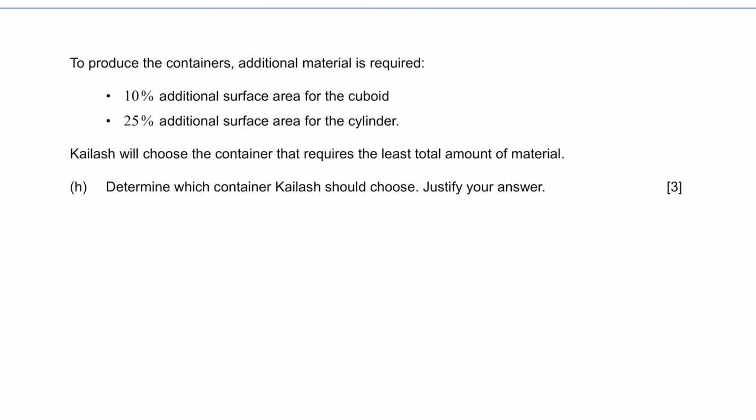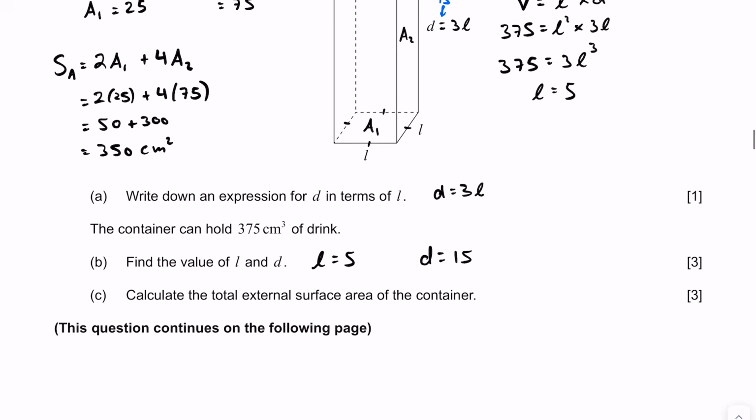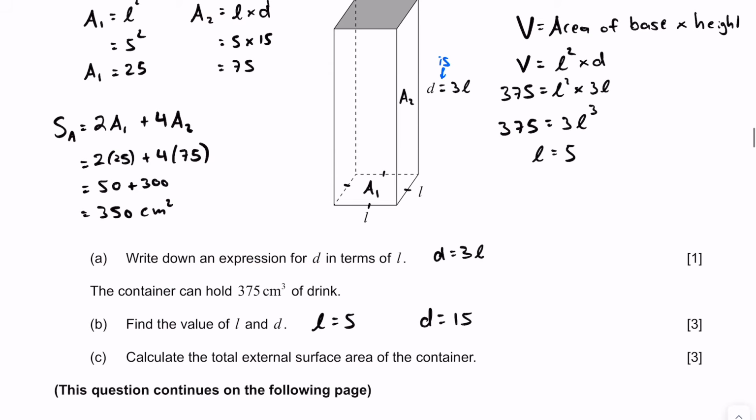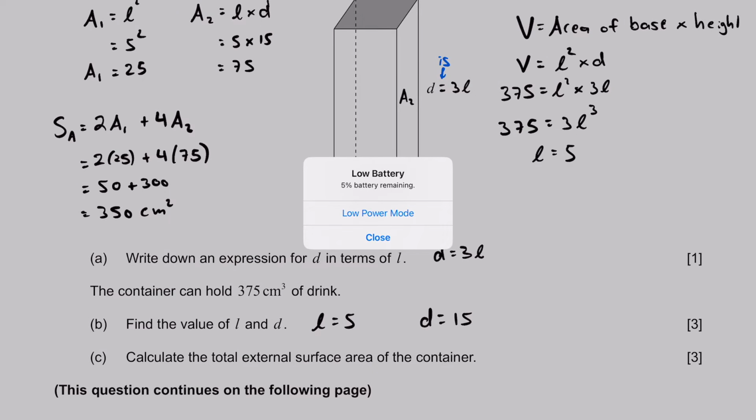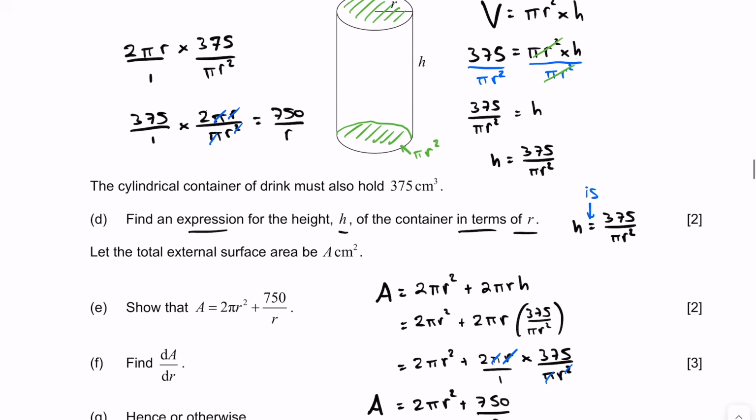So let's find the surface area of the cuboid. We'll increase it by 10%, and we'll do the same for the cylinder, but increase it by 25%. All right. So what was the cuboid again? The surface area of the cuboid was 350 centimeters squared.